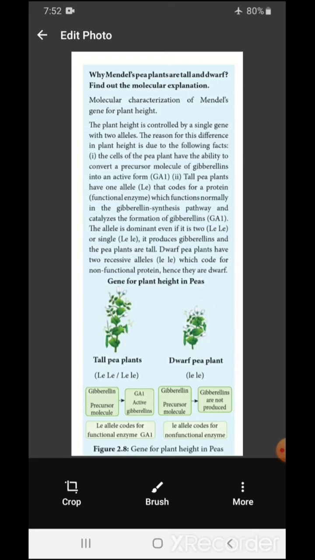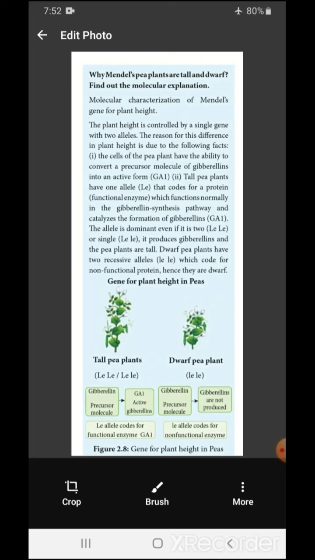So what are the factors? We can find out the plant height in Pisum plants.